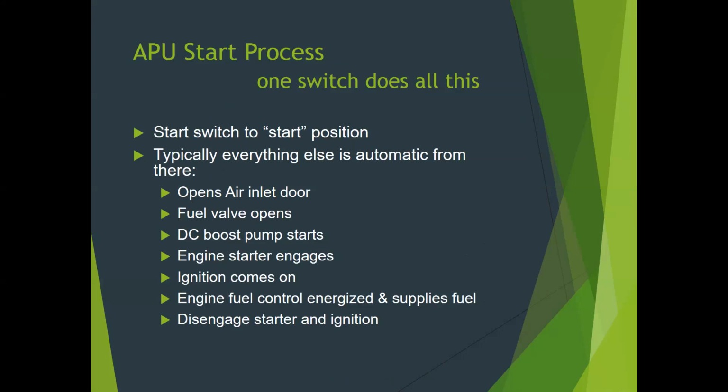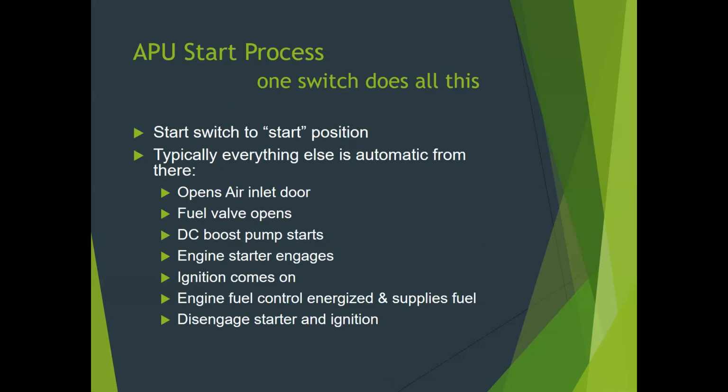It'll get up to a self-sustaining speed, and once the APU is self-sustaining, which isn't necessarily 100%, but it's on its way up and accelerating, the starter and the igniters will disengage, and then it'll basically continue until it reaches 100% RPM. Again, that's all pretty much automatic after you hit the start button.